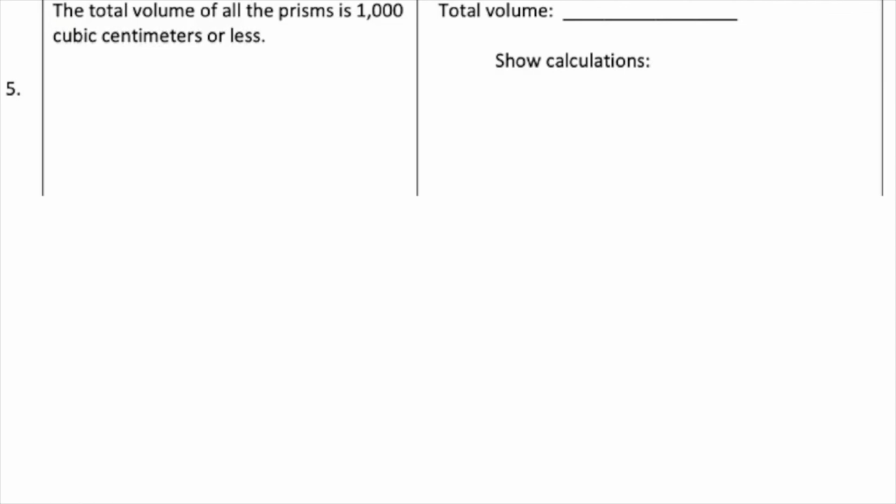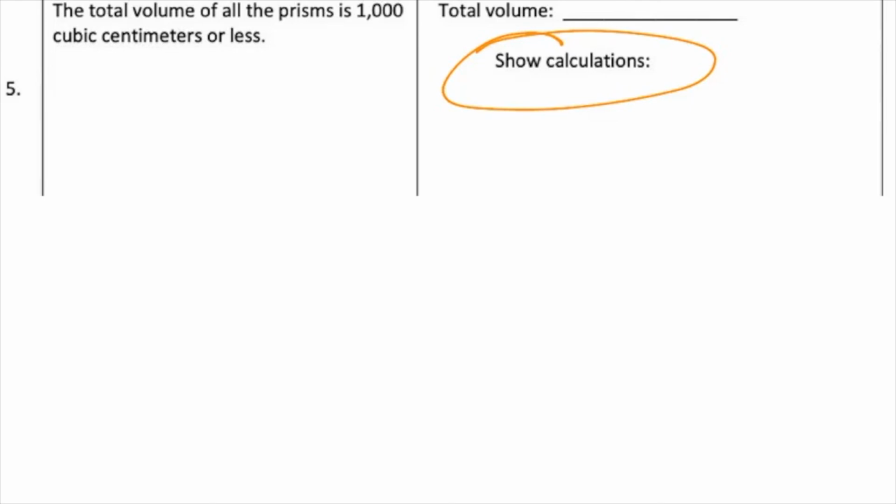Great job. Now we have come to the last part of our project. Question number 5 says, the total volume of all the prisms is 1,000 cubic centimeters or less. What is your total volume? Show the calculations.